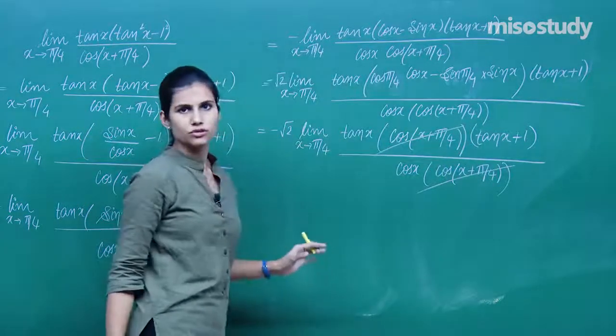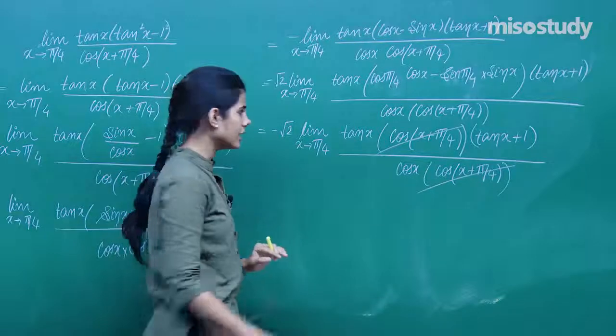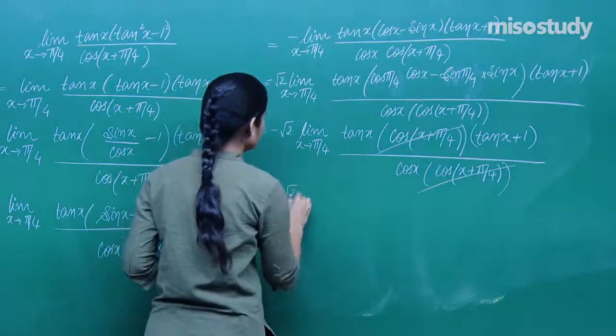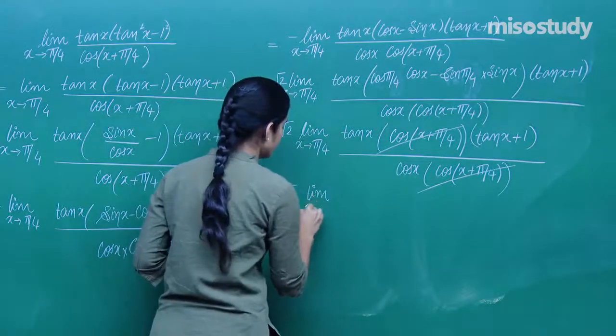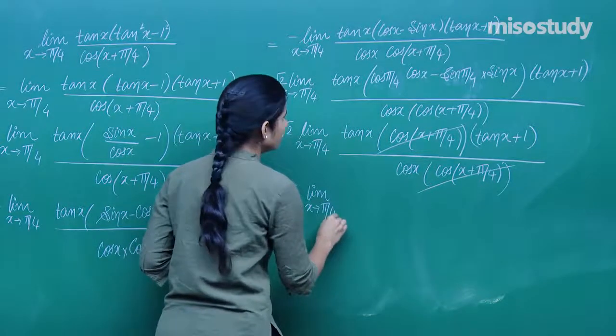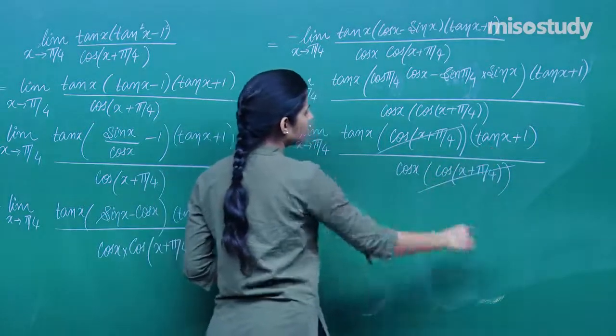That is what you needed to do. That's why so much manipulation was being done. Minus root 2 limit x tends to pi by 4, tan x into tan x plus 1 whole upon cos x.